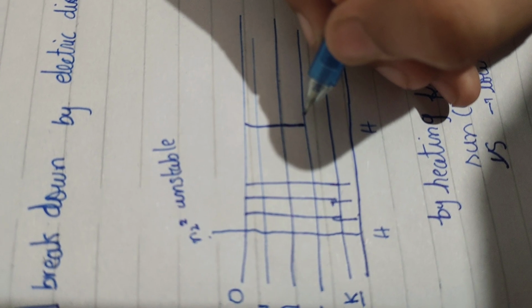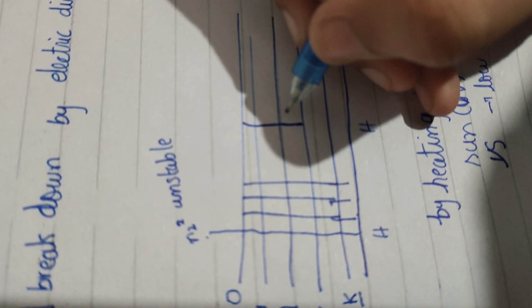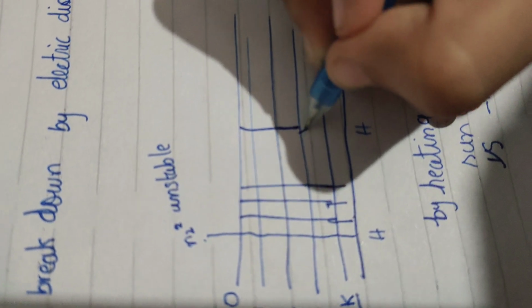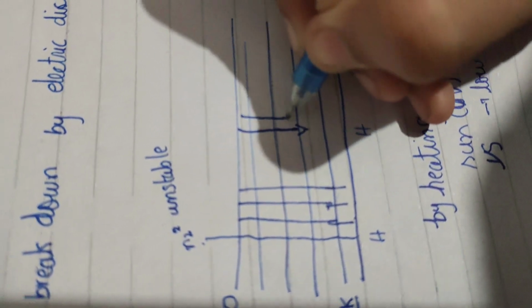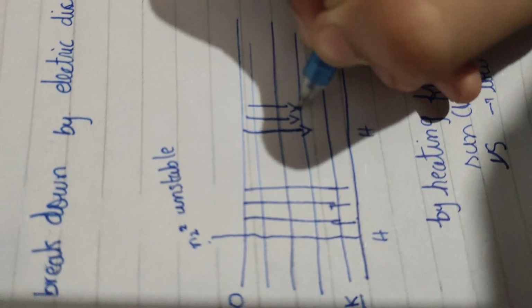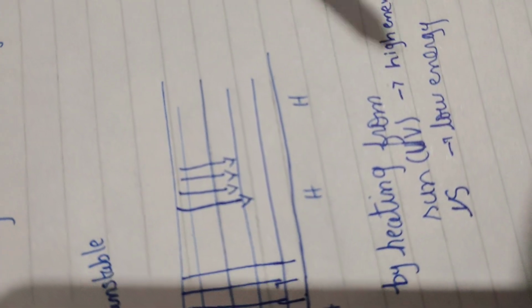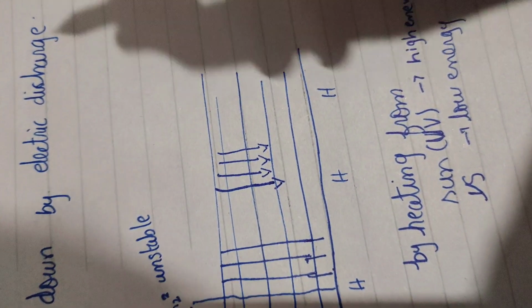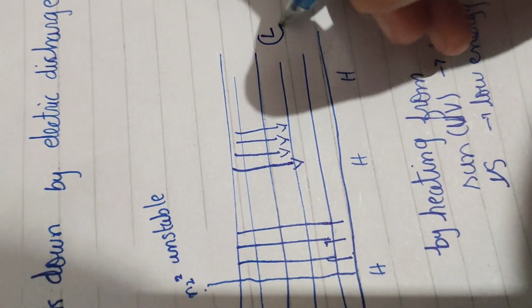When they come to the L shell, that series, just because of low energy in visible light rays, they will drop on the L shell.